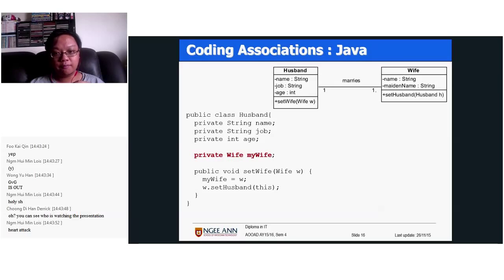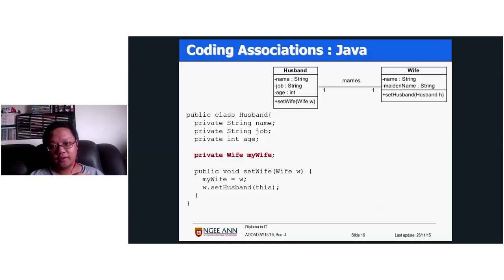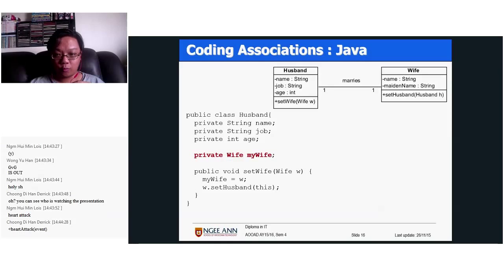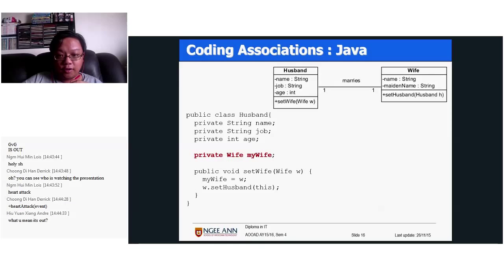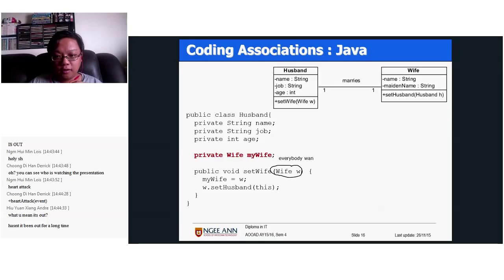So private string name, private string job, private int age. Furthermore, it has an operation called setWife. In this case, setWife returns void, and it takes as its parameter an object of type Wife.